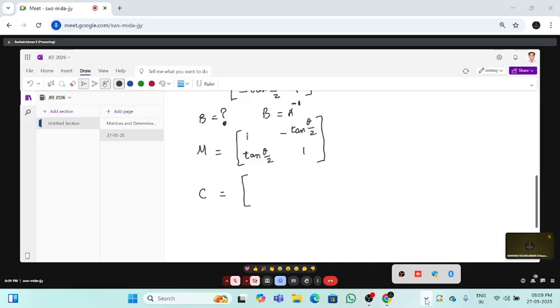So add i and j, and if it is even, leave it as positive. It is minus 1 to the power of i plus j. So here i plus j is 2, so it doesn't change. Here it is 1 plus 2, so 3. Therefore, the sign changes here. So here also the sign changes.